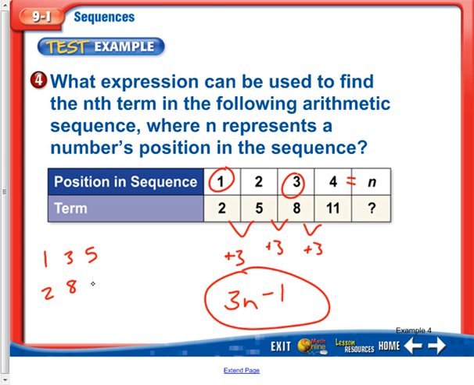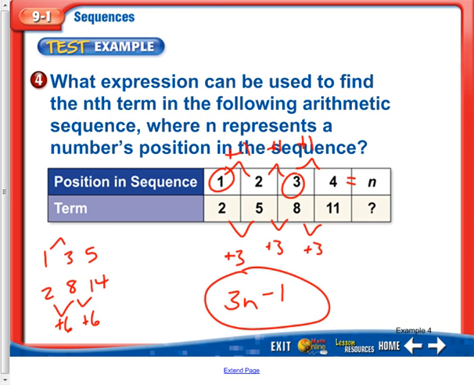Notice in your sequence that this is plus 6 and this is plus 6. What I want to caution you about here is it's not automatically 6n. The reason we could say just 3n right here is because look at what the terms go up by. They go up by 1. So plus 1, plus 1, plus 1.